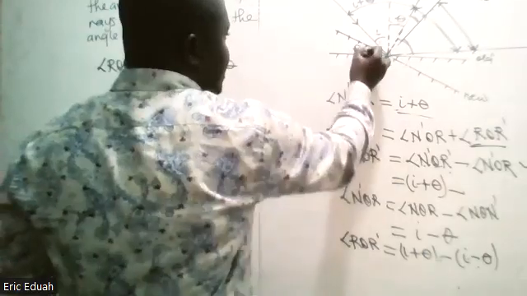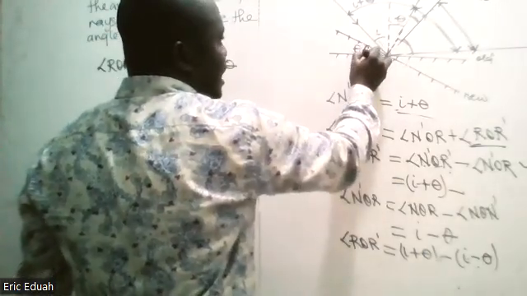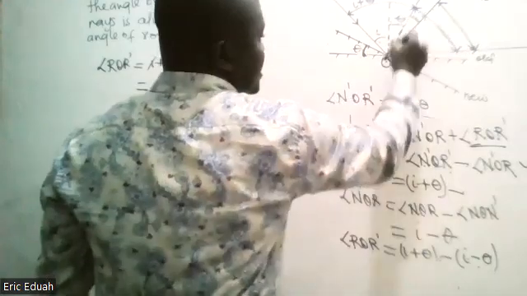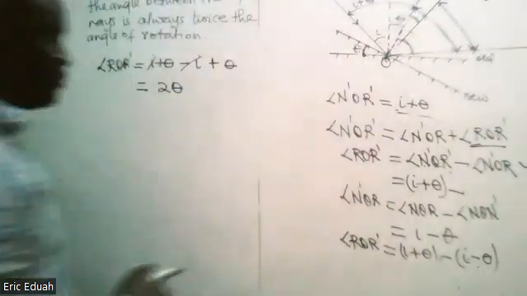So when you rotate the mirror by theta, the angle between the reflected rays is twice this angle.